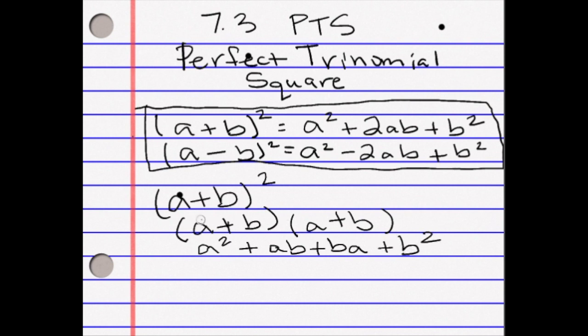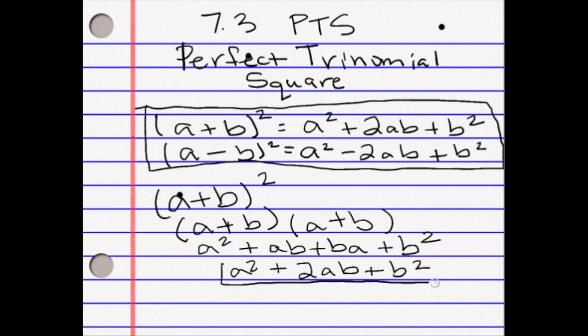So whether you know that from memorization, from the rainbow method, from the square method, from check your smile method, whatever way, AB is the same as BA. You can just switch it around. So that means AB plus AB is 2AB plus B squared.